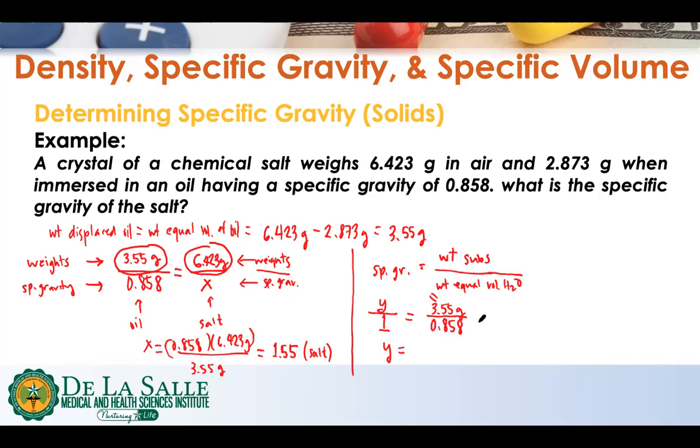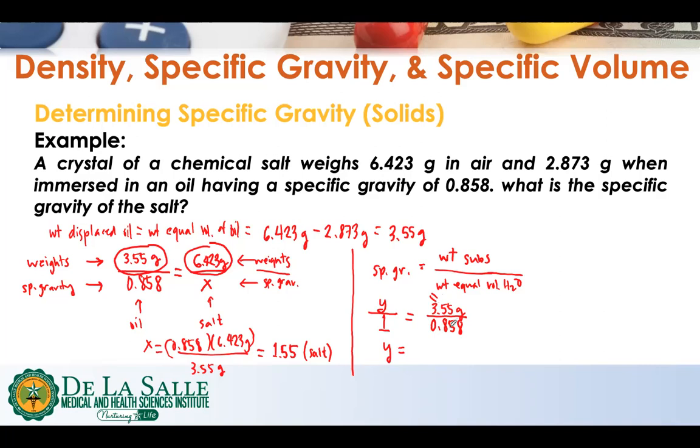So once again, in the numerator, we have the weights. They have the same volume. And in the denominator, we have the specific gravities of these substances. This one is for water, and this one is for the oil.